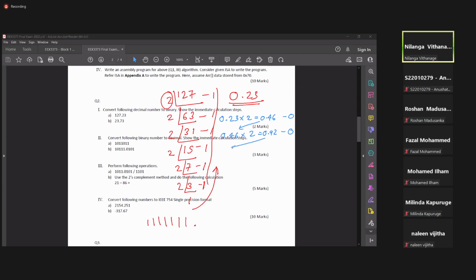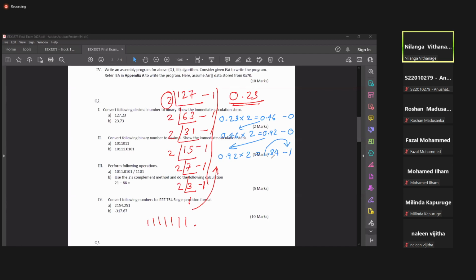Right. Again, you take this value 0.92 multiplied by 2. Here you have a carry, so the answer is 1.84 now. Actually, we put this 1 here, so even if you leave it here, it is okay.